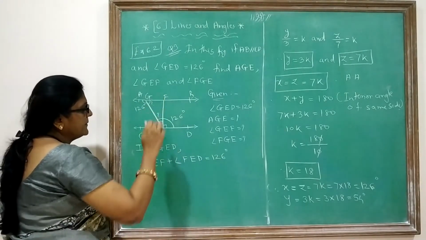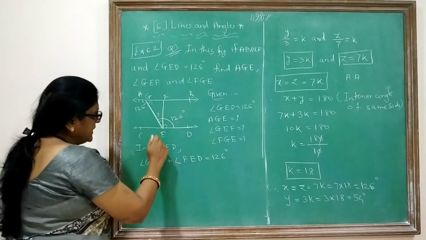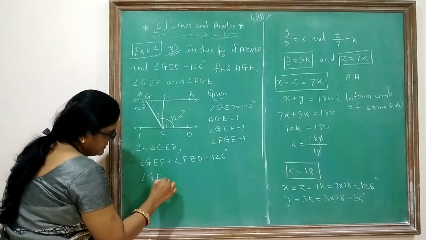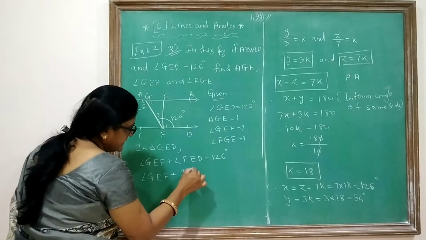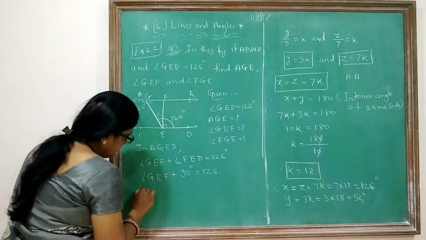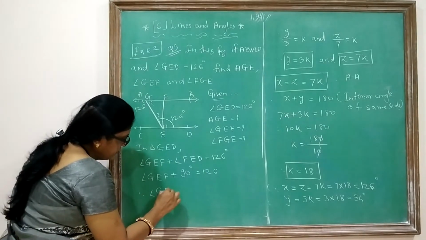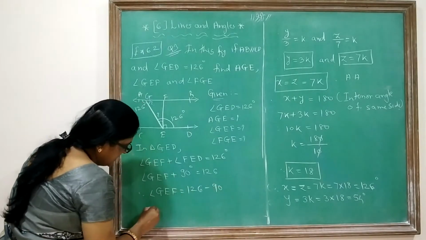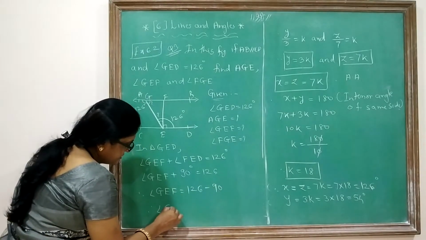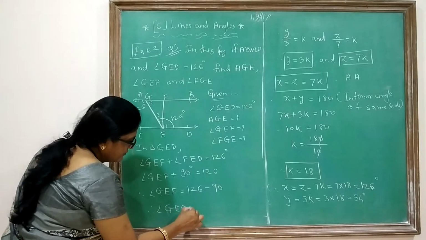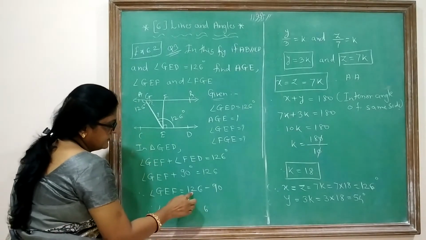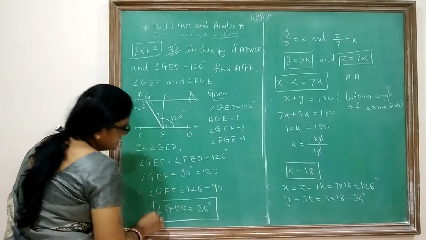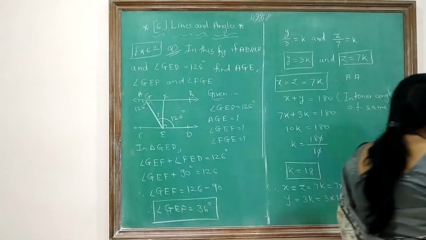Then GEF is not given, but FED is given. Then which angle? 90 angle. Then you will write here 90 degree equal to 126, and therefore angle GEF equal to 126 minus 90, and therefore angle GEF equal to what? 12 minus 9 is 3, this is 6. Means your answer is 36 degree. Then see the next example.